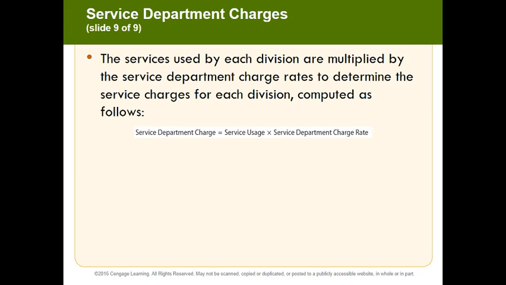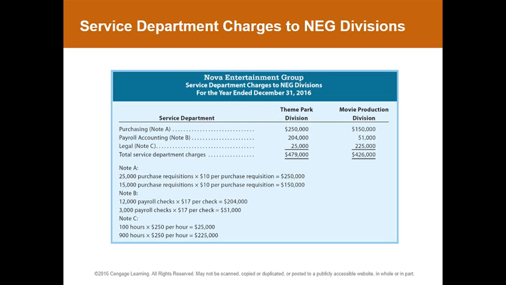The services that are used by each division are then multiplied by the service department charge rates to determine the service charges for each of those divisions. This is the basic equation. So carrying that back through, you see here in notes A, B, and C how we allocate the purchasing, the payroll, and the legal between the theme park and the movie production.